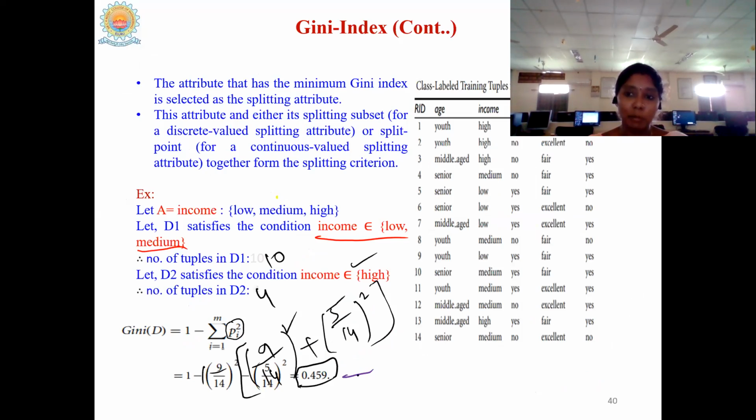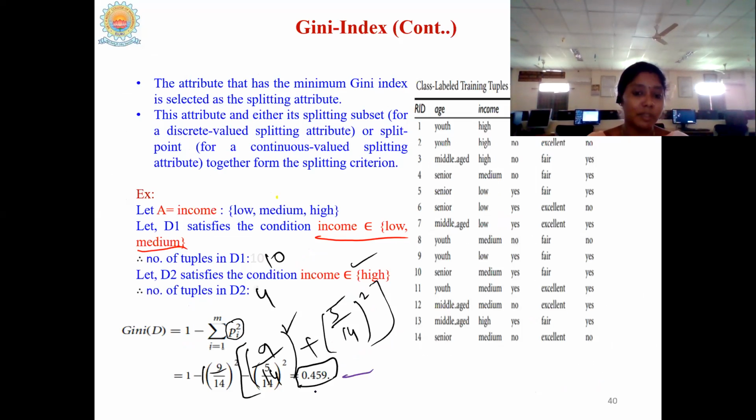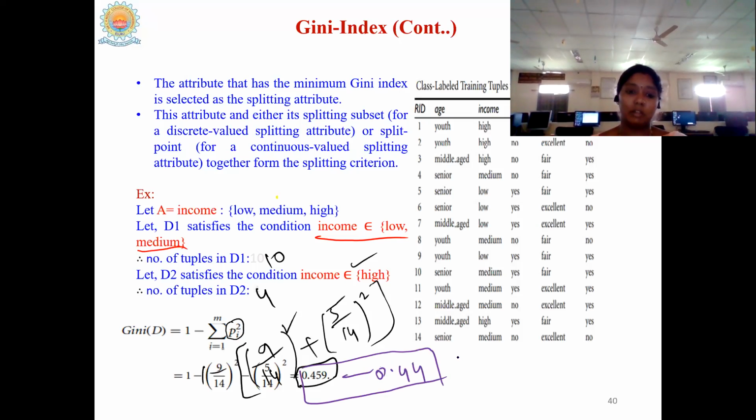Here is the GINI index value before the split, that is the value for the entire data set. So we need to subtract 0.4476 from this value, and finally we will get the GINI index of the reduced uncertainty by using the measure GINI index for the attribute income by considering the subset low, medium.